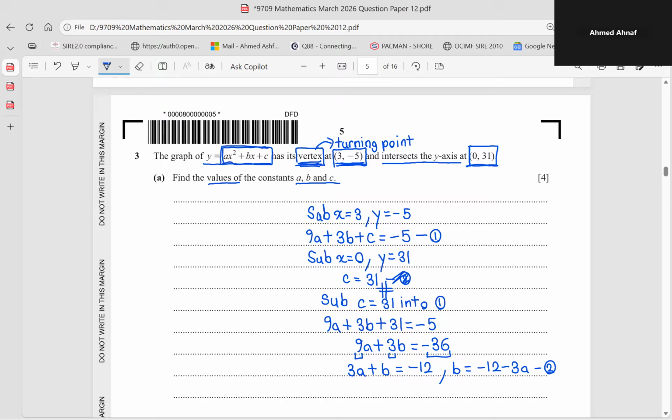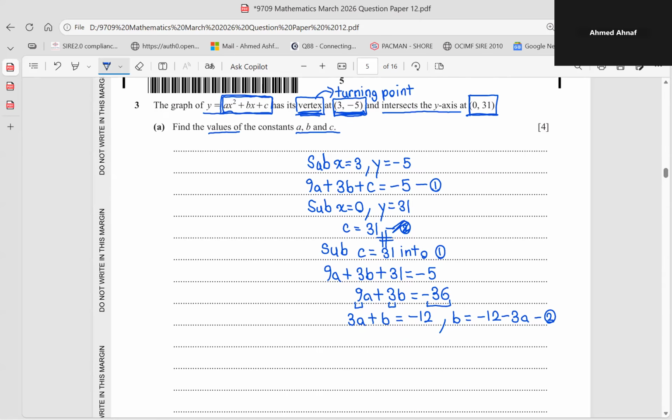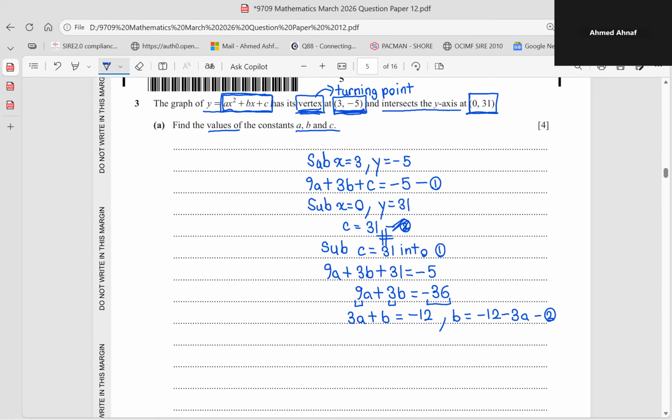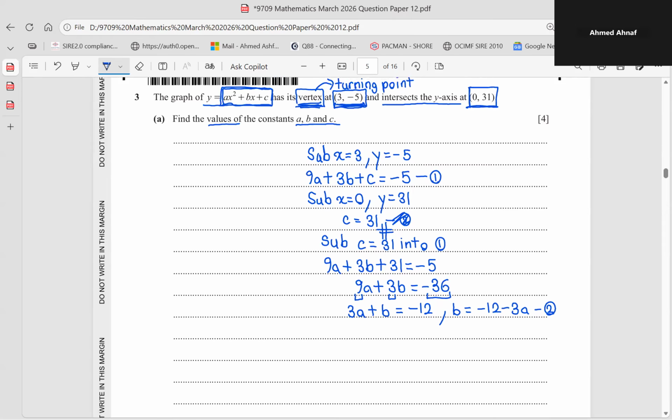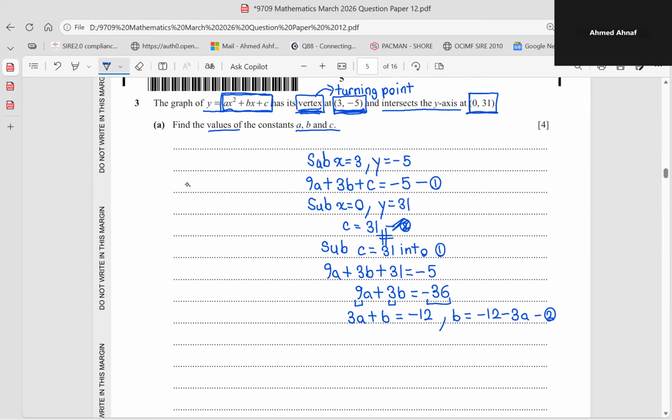So you just have to express this in completed square form, and then you can substitute these 2 points into there. Or you can use differentiation and equate it to 0. Up to you. So I'm going to use the completing the square form. I'm going to use this space here.